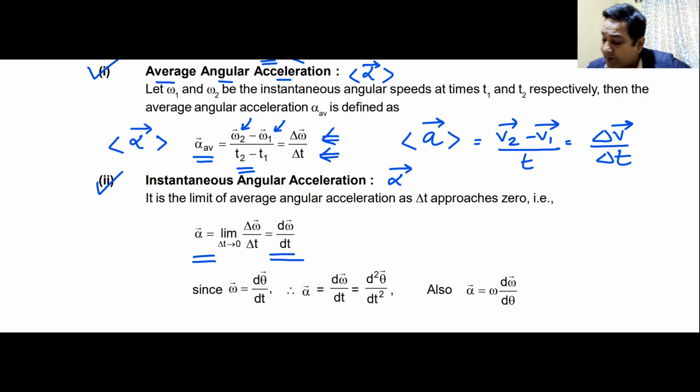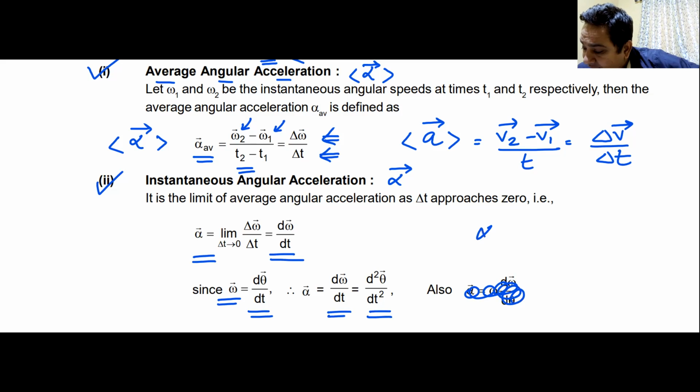We all know this. Now, this omega vector is d theta by dt. So alpha vector becomes d square theta by dt square. If I write it like this, you can also write it as omega into d omega by d theta. Remember, all these are vectors.